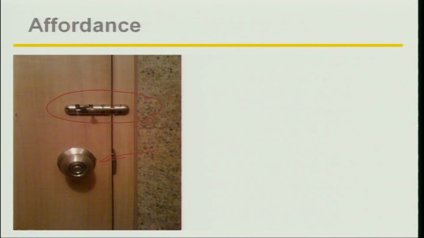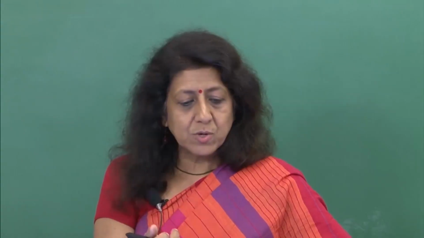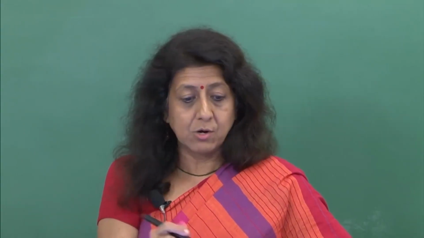Is it really locked? Oh my God, are you sure it's locked? How do I know that it's locked? There's this little knob that you have to press, which is not apparent to a lot of people. And even when you press it, it's not very clear when you look at it. Is it in the locked position or the unlocked position? No one wants to be in a bathroom with the door unlocked.